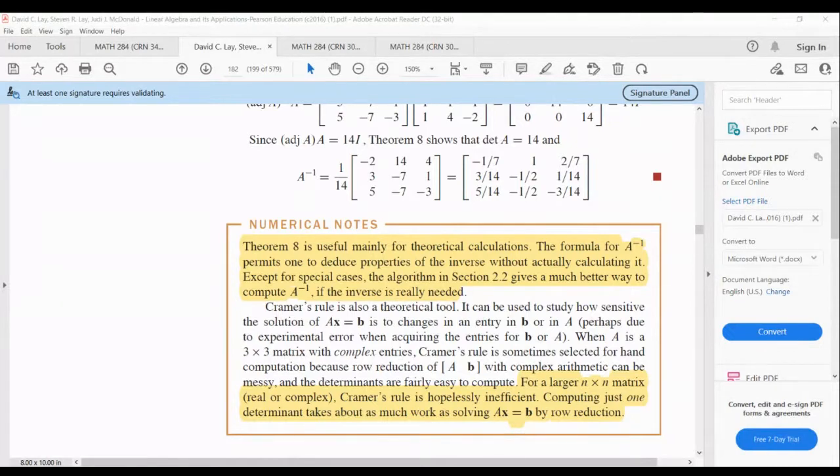Okay, so now you know about Cramer's rule. And there's a few other things too that we need to be familiar with in section 3.3. Are there any questions so far? Okay, Cameron's good.